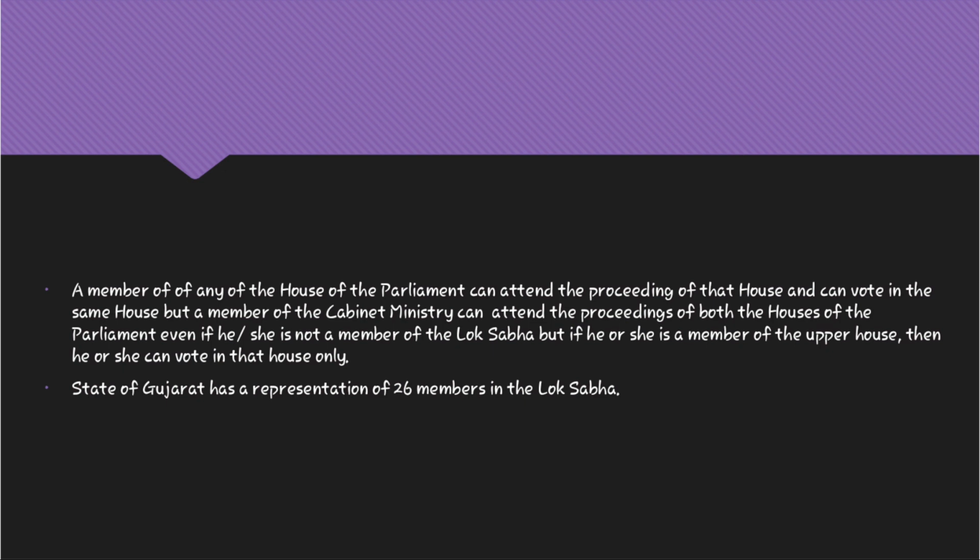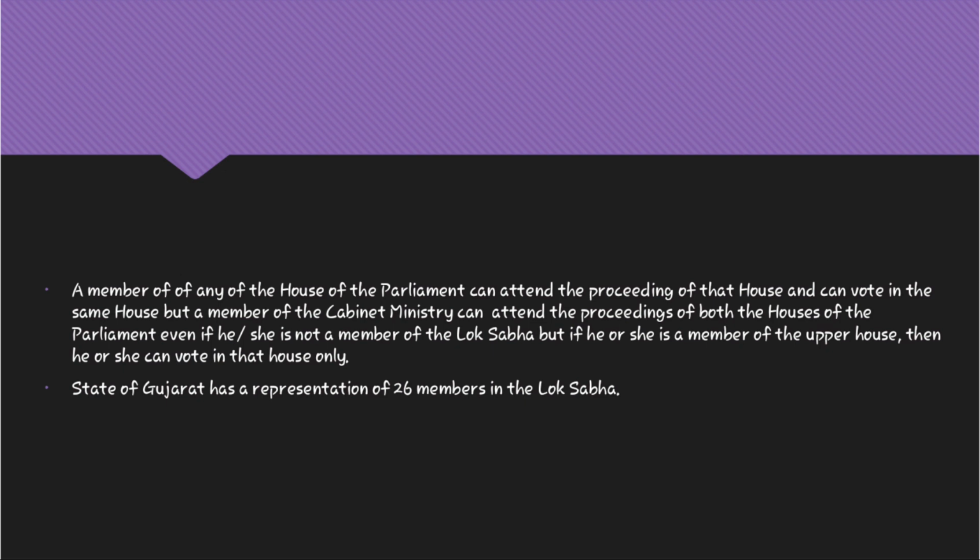So, if you are an MP from upper house, you can attend the meeting of upper house only, and you have the ability to cast vote in the upper house only.